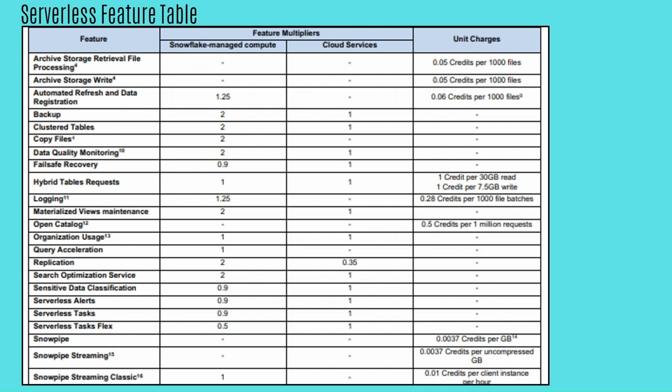For example, as a user, I will just go and get a hybrid table. But we need to understand how hybrid tables are charged. They are charged on data insertion also. They are charged for data reading also. Apart from that, you will be charged for Snowflake managed compute also. You will be charged for cloud service compute also. And how will you be charged? You need to check your feature multiplier there.